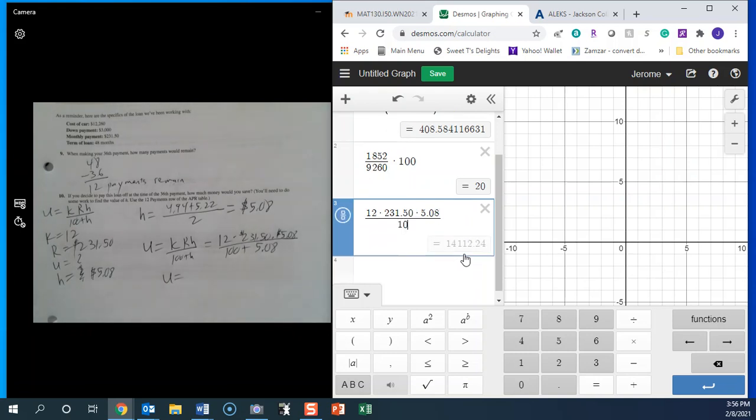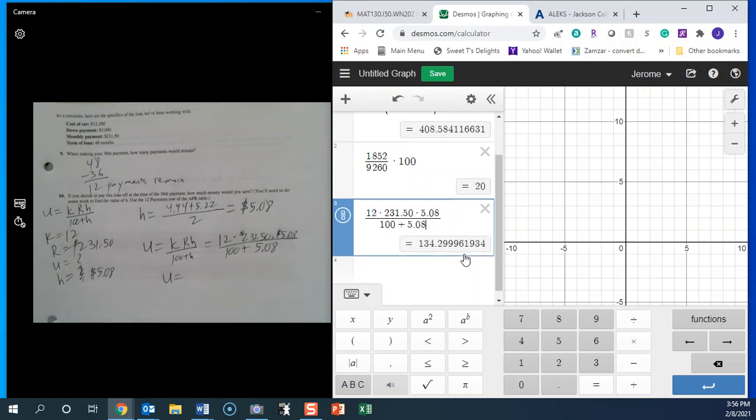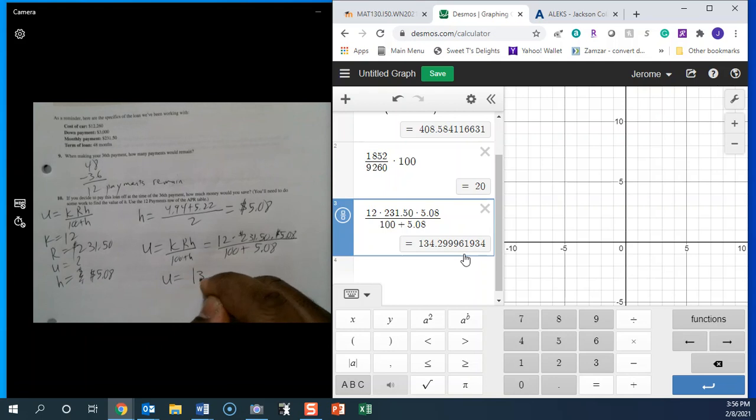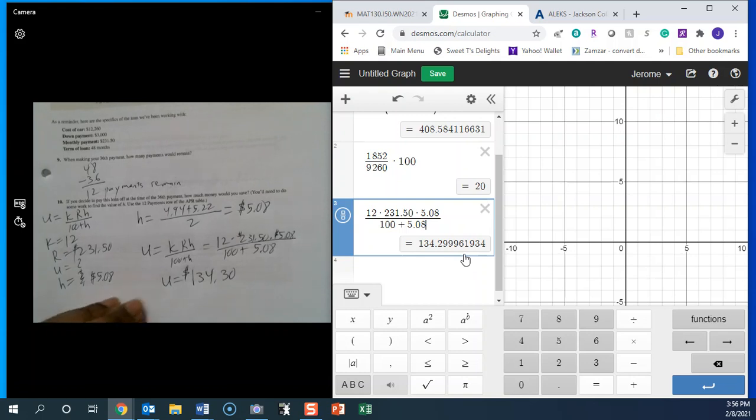Our denominator would be 100 plus 5.08. And then this would give us U. The unearned interest would be $134.30. So this is how much interest you will end up saving by paying it on the 36th payment.